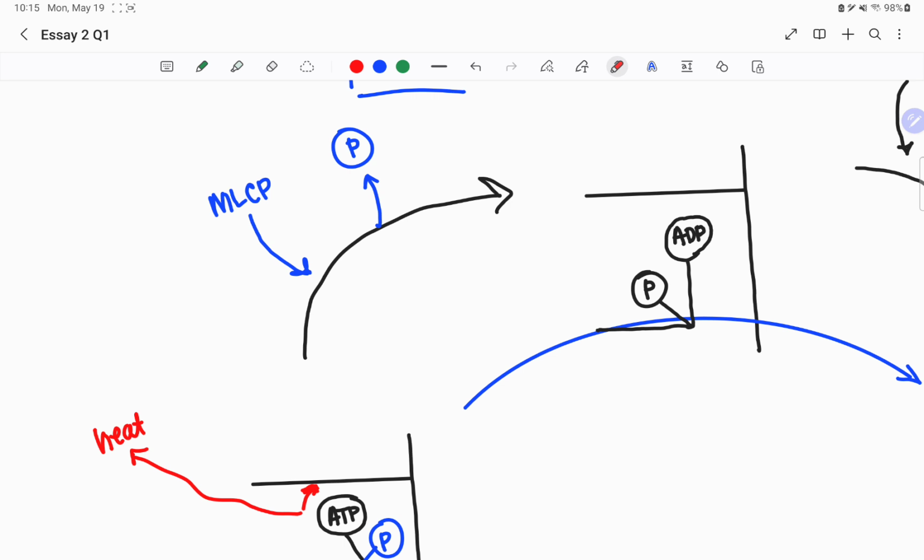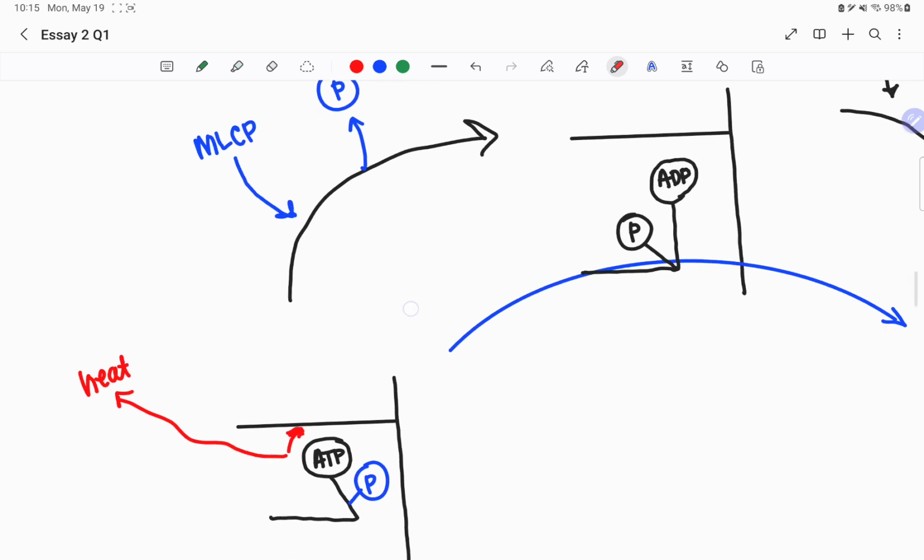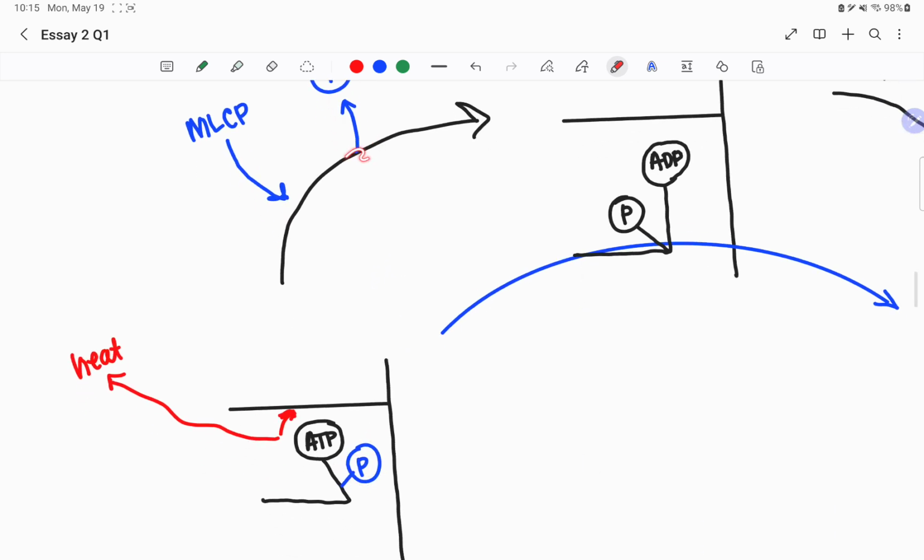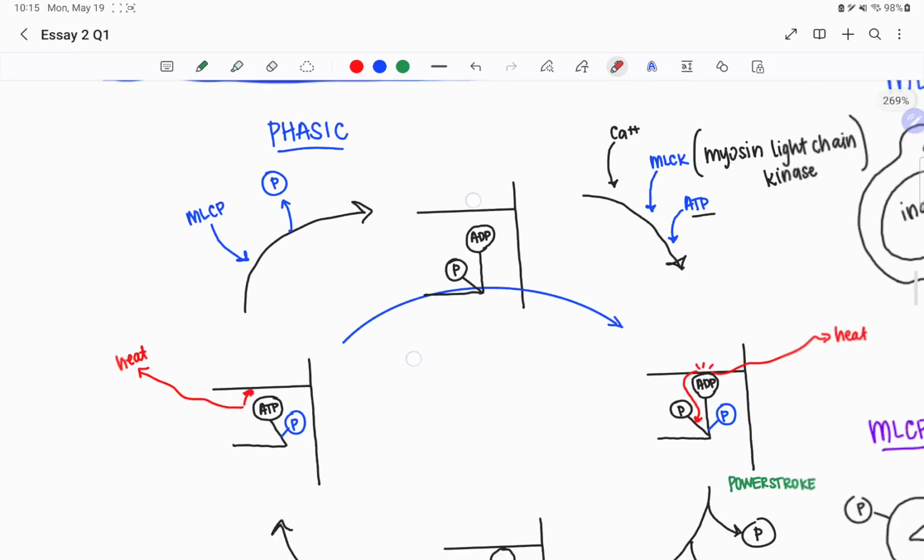I'm blanking on that. But MLCP, when it's added in, it cuts off this phosphate. So we're going to lose that phosphate, and we're going to have to start the whole system over. Now we have the ugly head group again. Okay? So we have to go through the whole process of getting MLCK in here, adding that second phosphate.